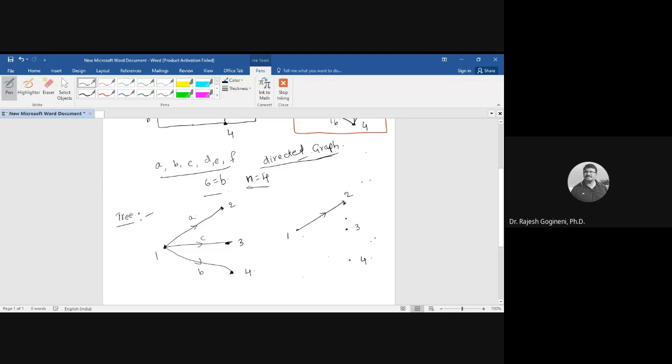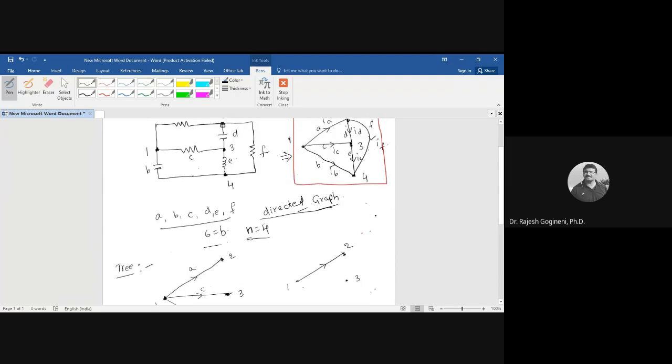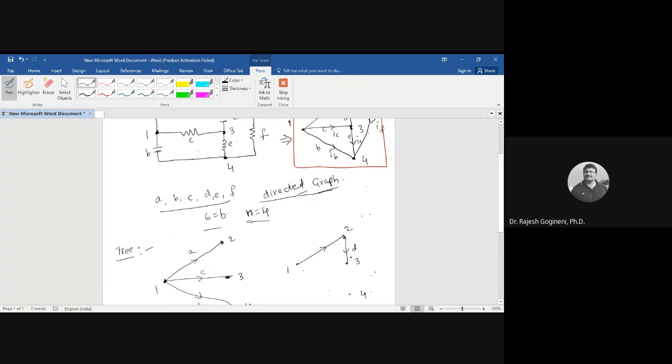A. This is D. And E. This is also a tree because it does not have any closed loops.